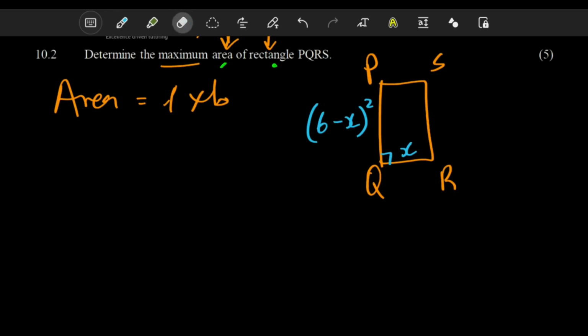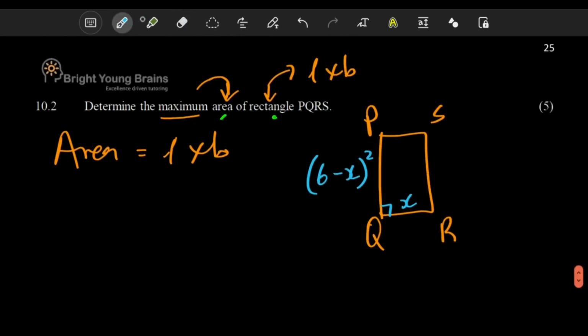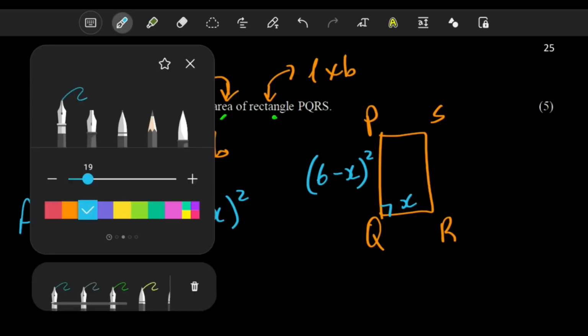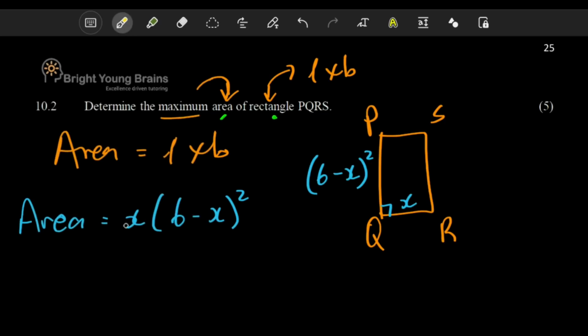So if you're going to determine the maximum area, you need to get an area equation first based on the information that you have. Here we can say length is just x, the breadth is just 6 minus x squared. So this is the area formula. For us to get the maximum area, we need a value of x that causes the maximum area.